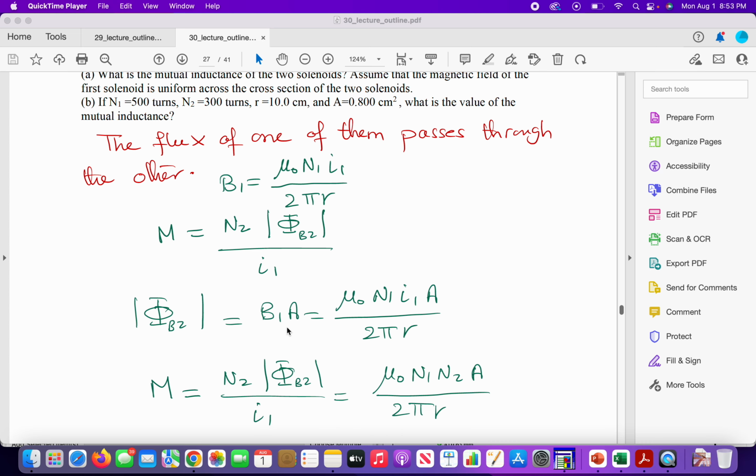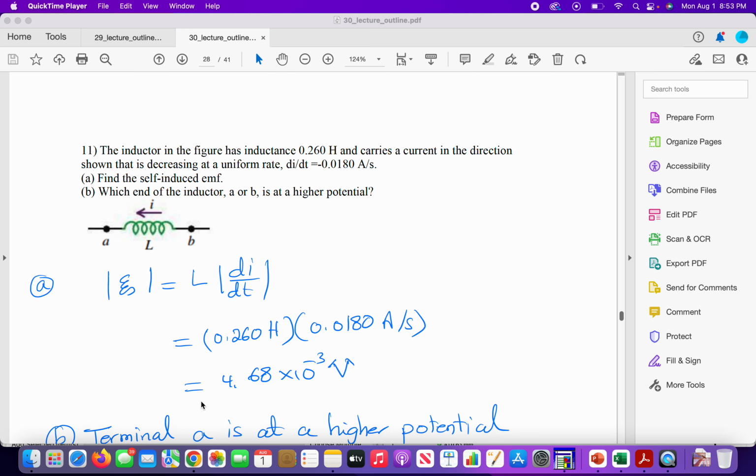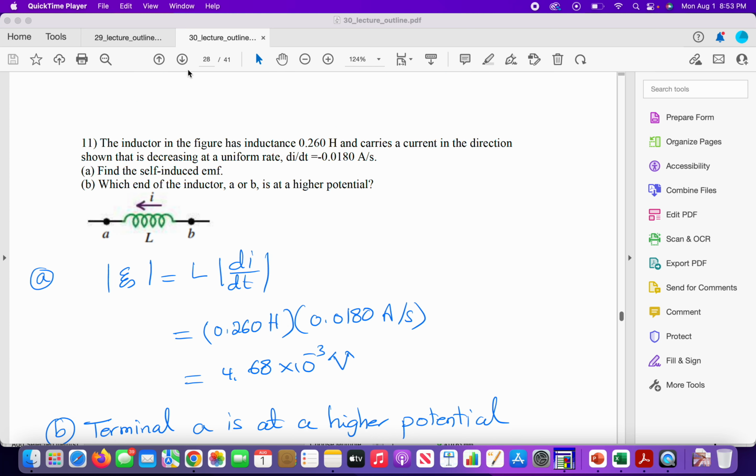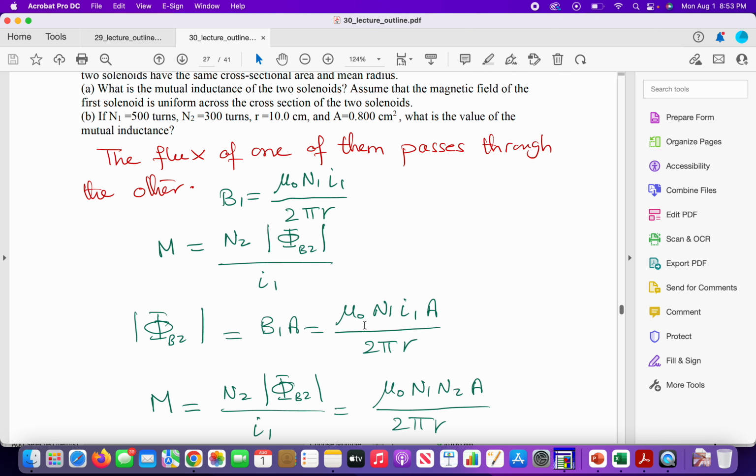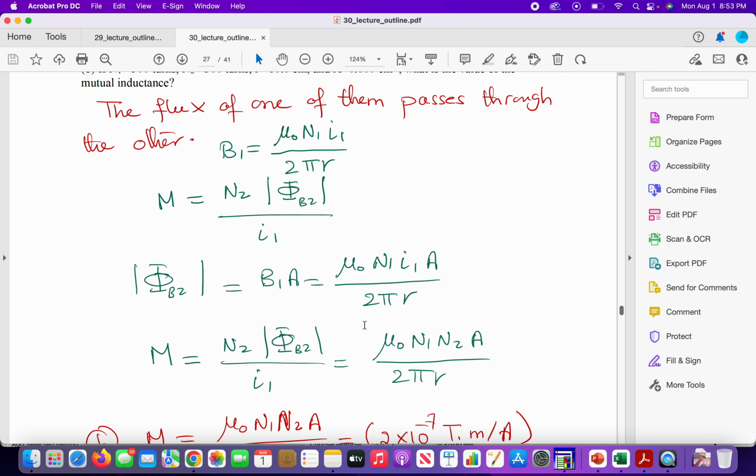It is B1 times area, which is mu 0 N1 I1 A divided by 2 pi r. Then M is N2 times that flux divided by I1, which is mu 0 N1 N2 A divided by 2 pi r.